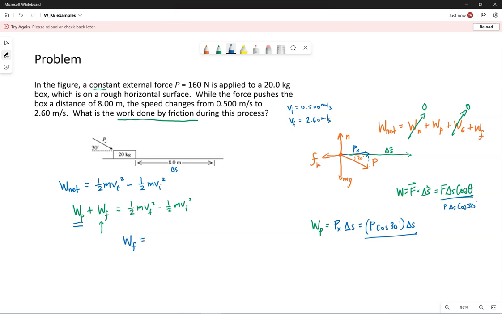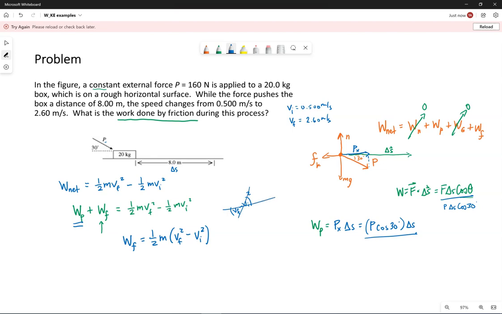I'm going to bring it to the other side, though. Just for plugging in sake, I'm going to factor out the 1/2 m, and then we'll have v final squared minus v initial squared, which, by the way, is not the same thing as v final minus v initial squared.